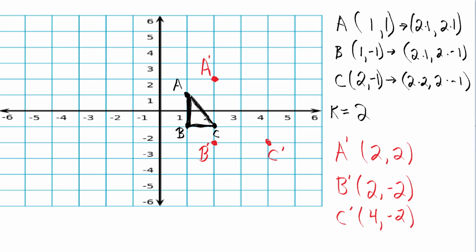And so we just connect those points, and we have our dilated shape. Now the other thing you want to notice is this is a scale factor of 2. We're going to come back to that, but this scale factor for this problem is more than 1.